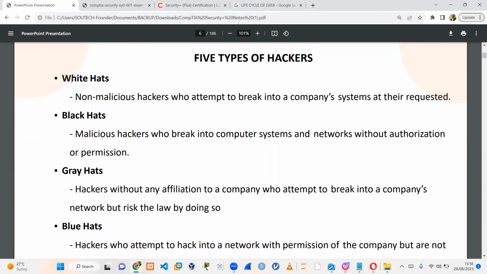In white, these are typically for corporate organizations that actually want hackers to try to assess their systems and see if they can find some vulnerabilities. And of course, the goal is to now patch these vulnerabilities. Whereas for black attackers, the process is still the same, but now the goal is to cause the system to malfunction, right?